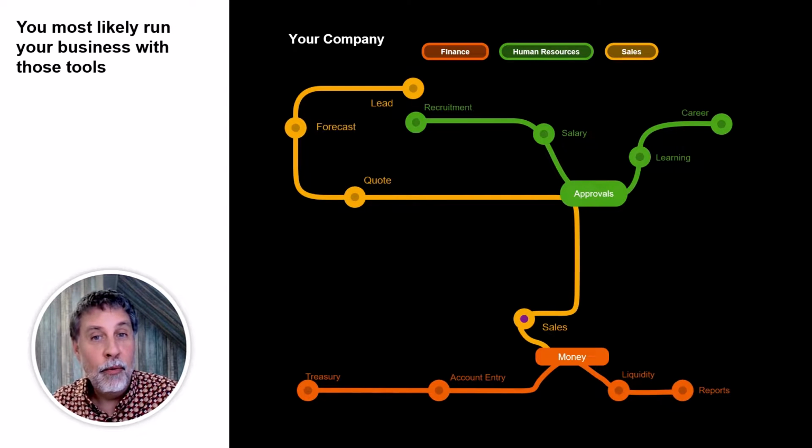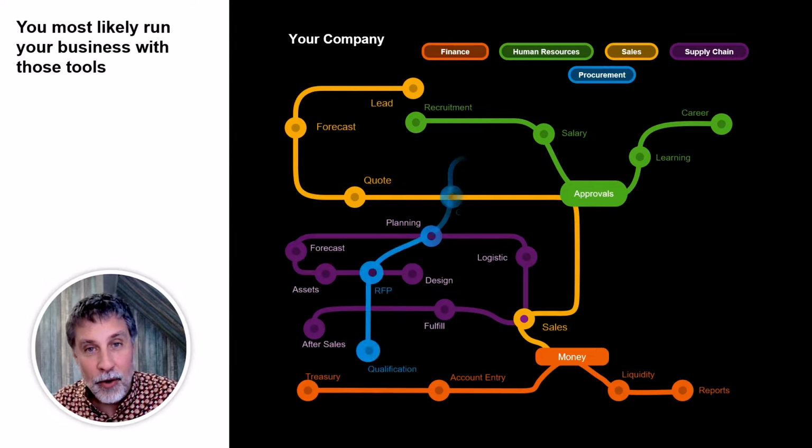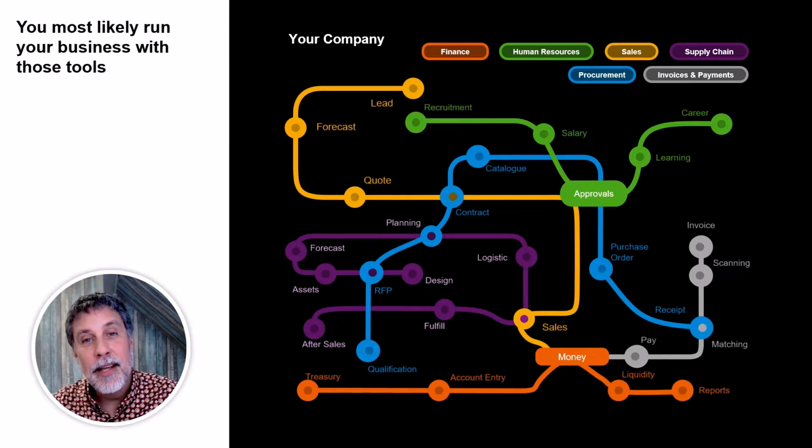If you are in retail or in manufacturing, you will also need a set of tools for supply chain. Underneath all of that, procurement will buy everything everybody needs in terms of services or goods to make sure that we can run the business, and ultimately suppliers will knock at the door and ask for being paid.